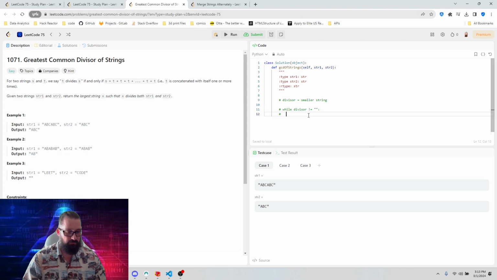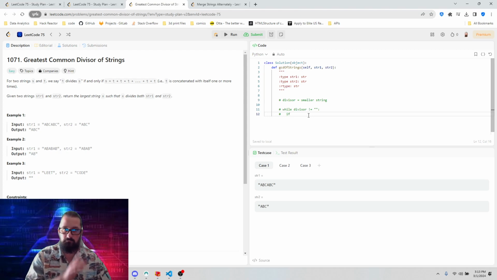So I can check that the modulo of the length is equal to 0. That'll get rid of a bunch of attempts.